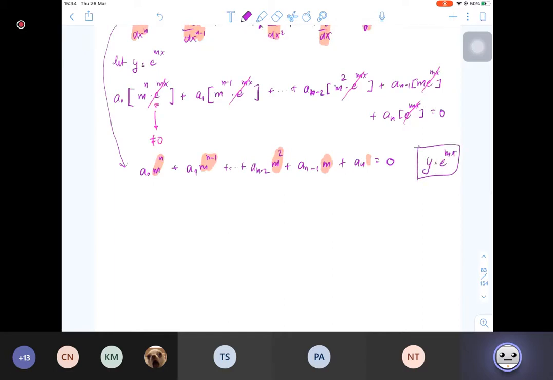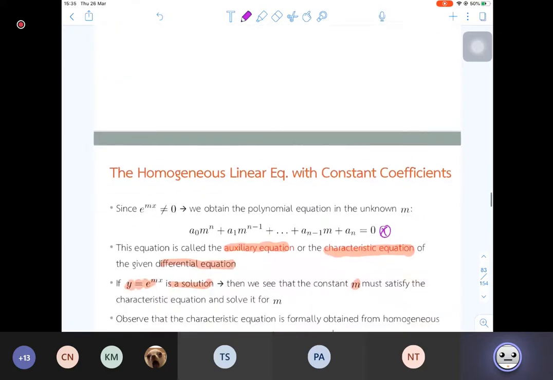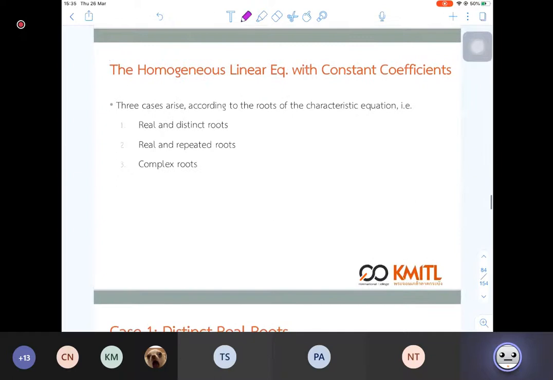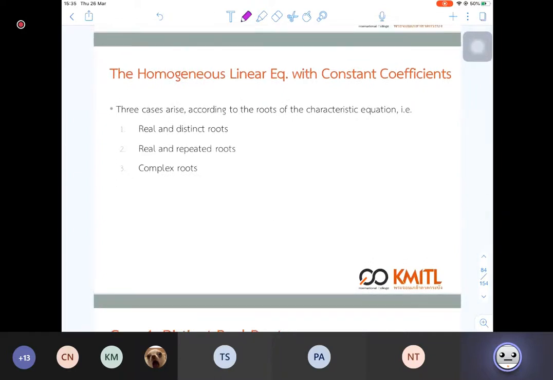Based on that, the solution would be y equal to e to the power of mx. So once you solve for m, you put m here and you get the solution, right? Now, in this case, you would have 3 different cases arise.